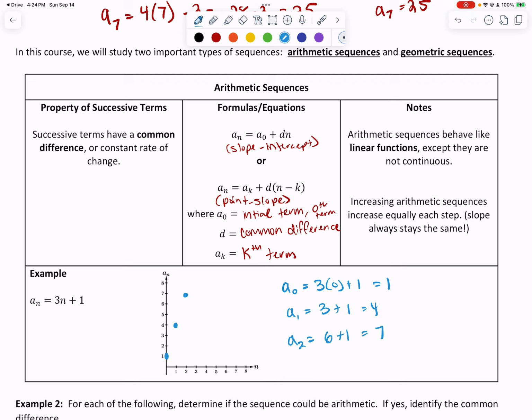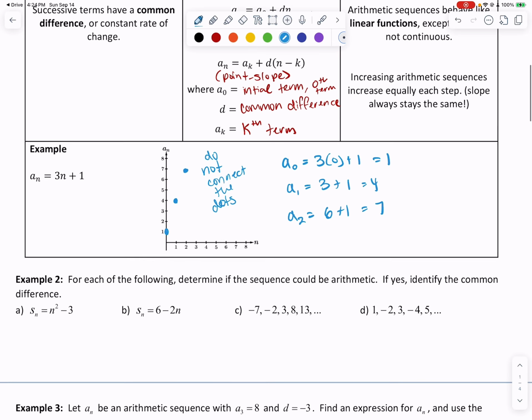That's probably about all that's going to fit. So we would not connect this with a line. Do not connect the dots. The sequence does not exist between those dots.